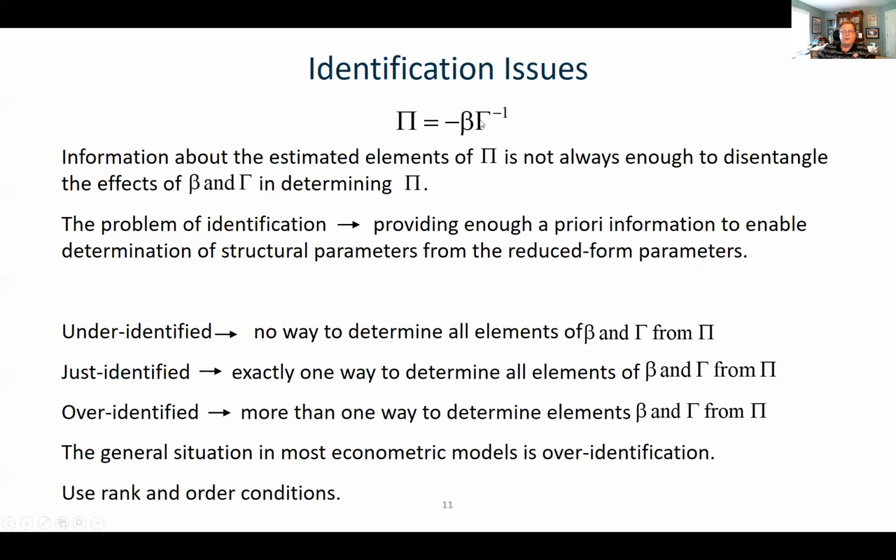By the way, I just noted an error here. Beta should be inversed and gamma should not be, so make that correction in your PowerPoint slide and I'll do the same thing.